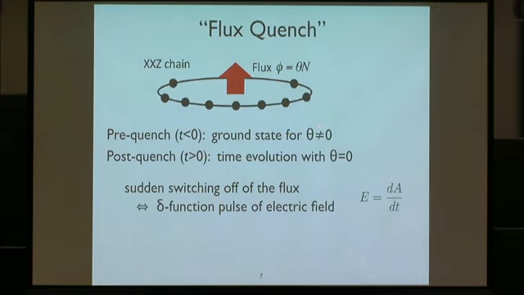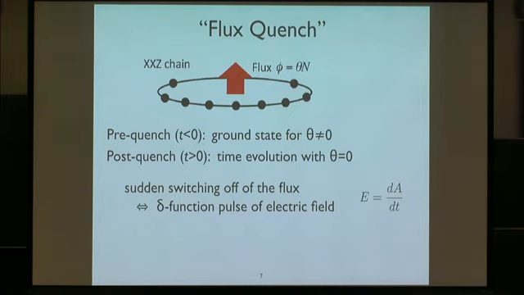And at t equals 0, I suddenly switch off this flux. Post-quench, that is t greater than 0, I just do time evolution with respect to the post-quench Hamiltonian, which does not have any flux, theta equals 0. So this is the problem.